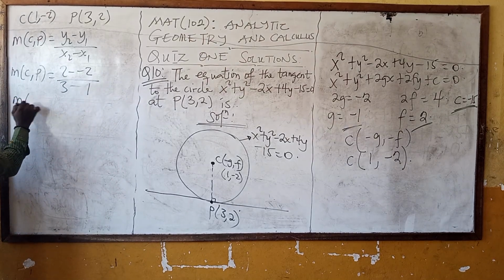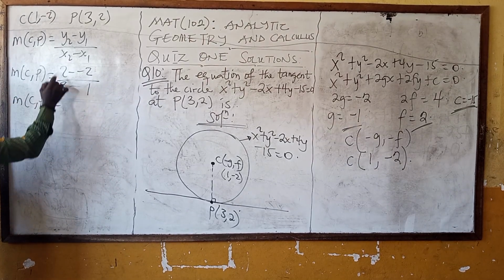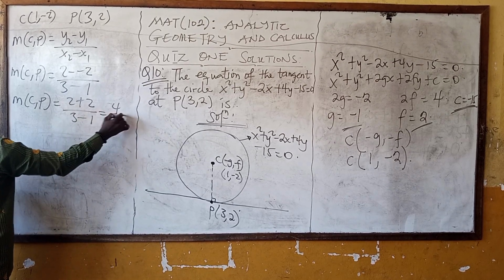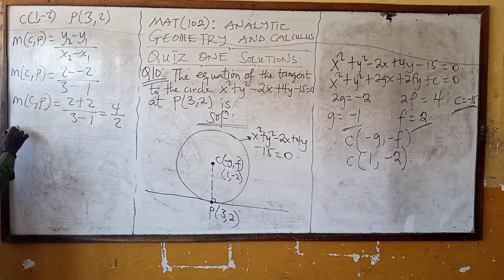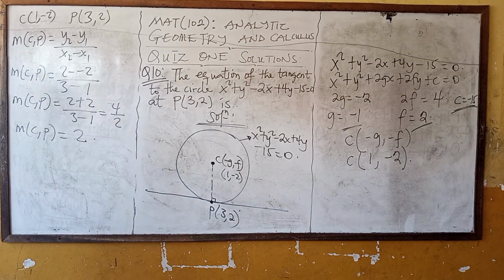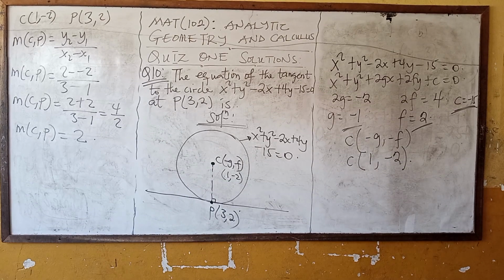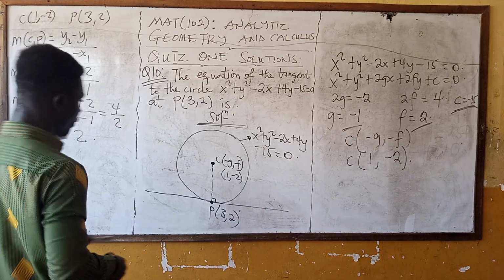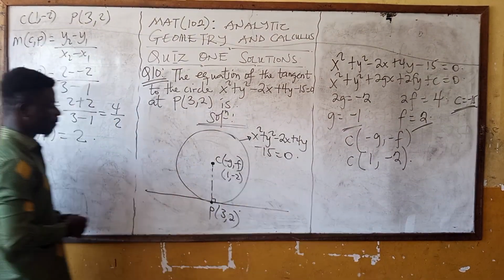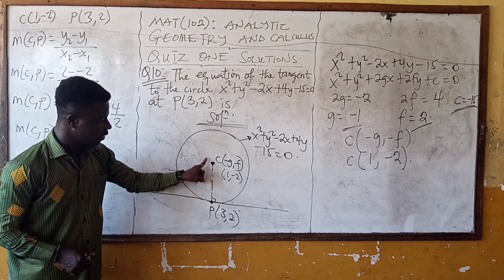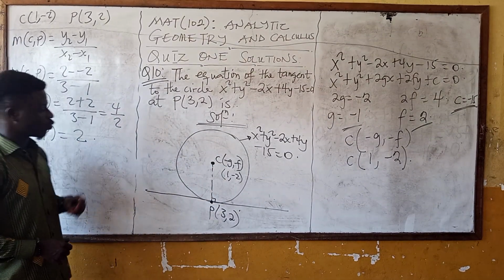So we have 2 plus 2 all divided by 2, which is 4 divided by 2. So the gradient of CP is 2. Don't forget that this is the gradient of the radius line. So the gradient of this line is 2.